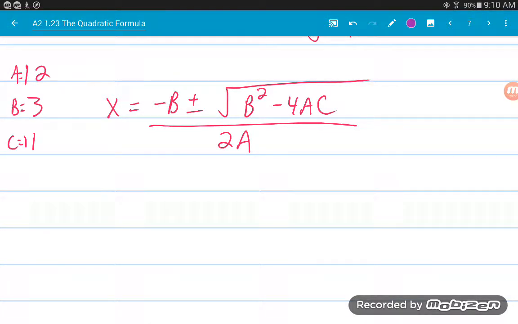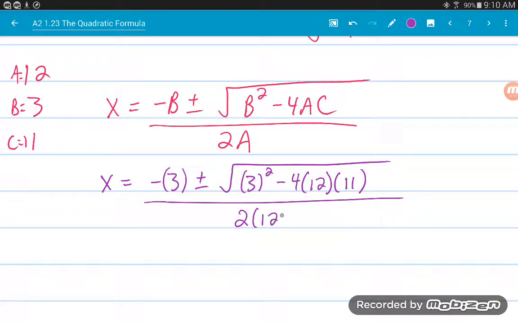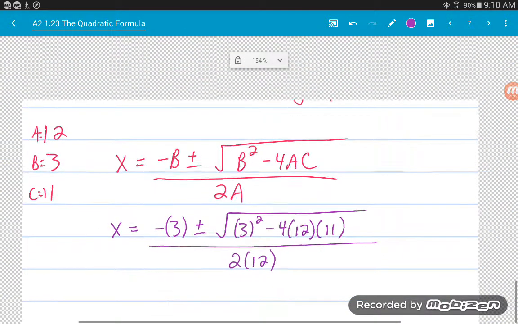As I plug in, I'm going to get that x is equal to negative 3 plus or minus the square root of 3 squared minus 4 times 12 times 11 all over 2a, which is 12.